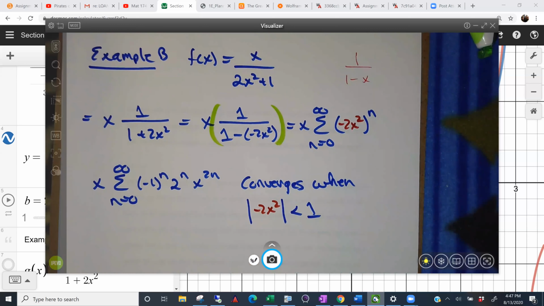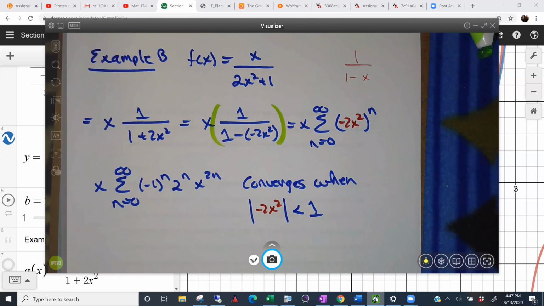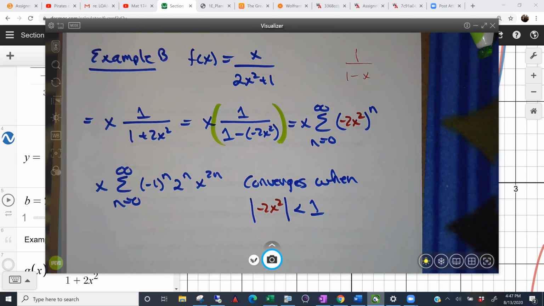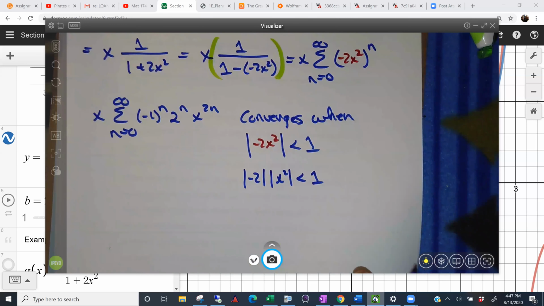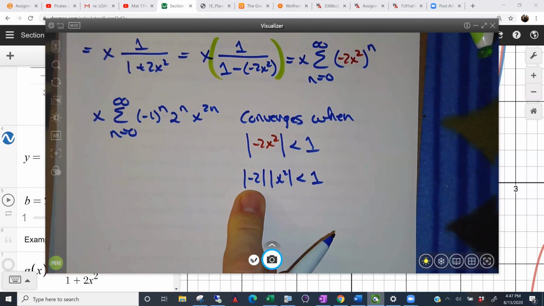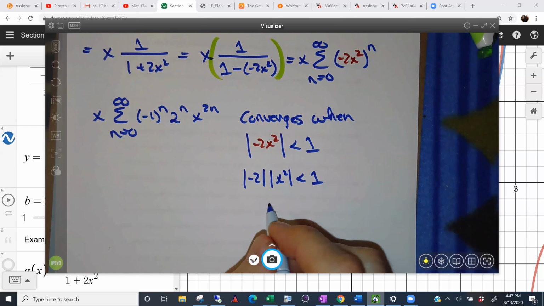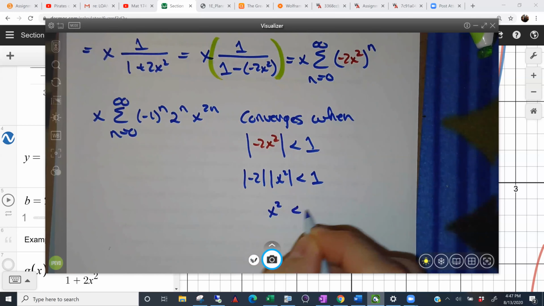Now, it doesn't matter if I have the negative or not, so we can just get rid of that. In fact, let's write this as the absolute value of negative 2, absolute value of x squared is less than 1. This is just 2. And I can divide on both sides and write x squared is less than 1 over 2.